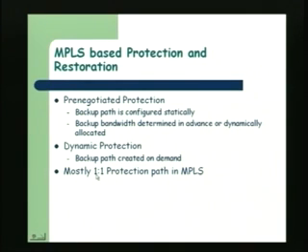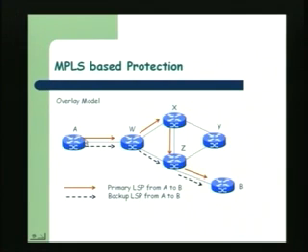Mostly in MPLS we can use a 1:1 protection mechanism, in the sense that for every primary LSP you can have a secondary LSP as the backup path. So, this is how MPLS-based protection will operate. Here is a primary LSP from A to B, shown in red color, and here is a backup LSP.